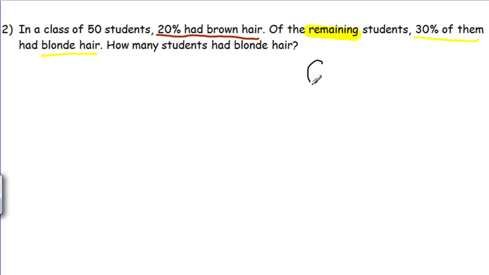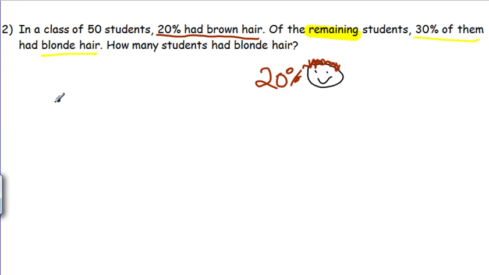So let's have our kid here, and he's smiling, and he's got brown hair. He is 20% of the class. So remember what we keep saying. I'm going to keep repeating it until you're tired of hearing it. If we have percents, we can use a proportion to figure this out.